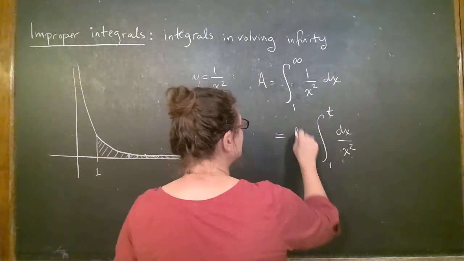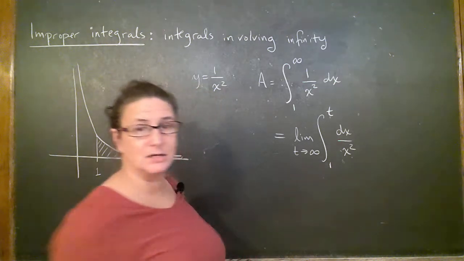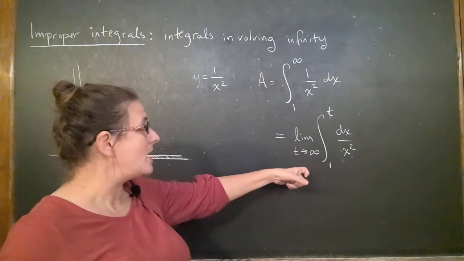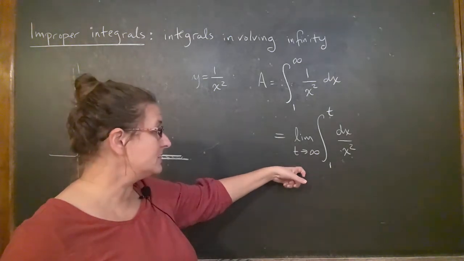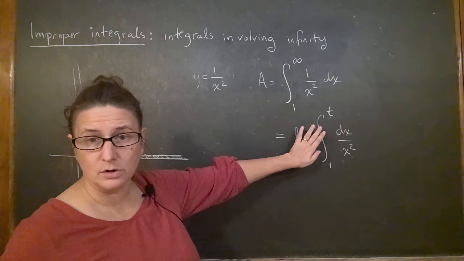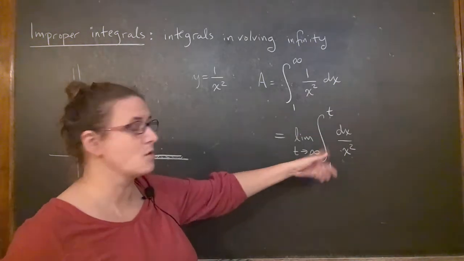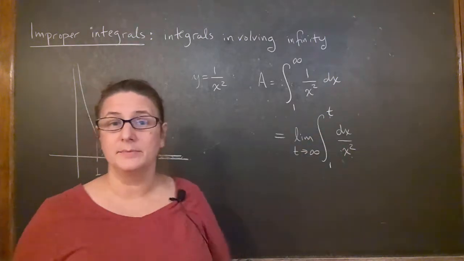And once I'm finished with the integral, I take that limit as t goes to infinity. So when I write this down, I really mean this. Now I ignore the limit, just do the integral, evaluate it at 1 and t, or whatever that lower limit happens to be, and then I take the limit.